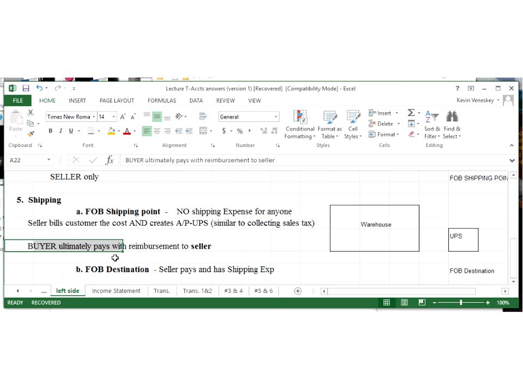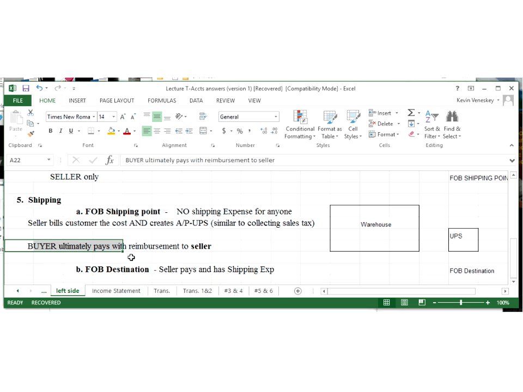It's a payable because the customer is the one that's actually giving them the money. So the seller will bill the customer just like they're billing for the actual goods and the sales tax. And then they'll create a temporary liability to the UPS, just like they do with sales tax payable, to then send it off once they get it to the UPS.